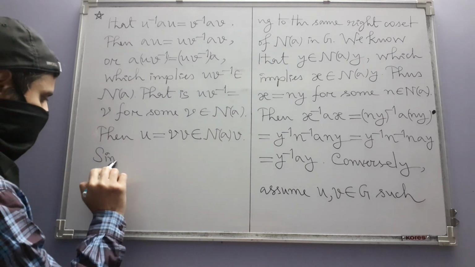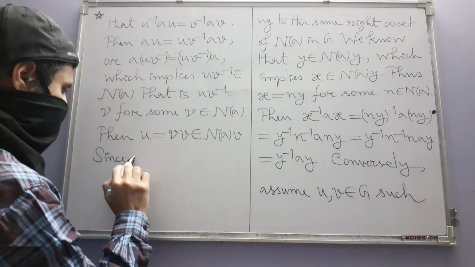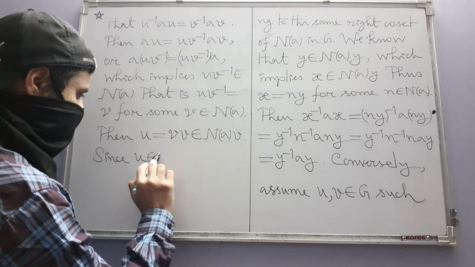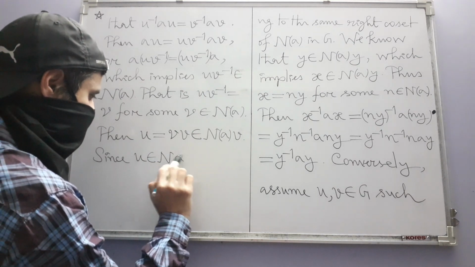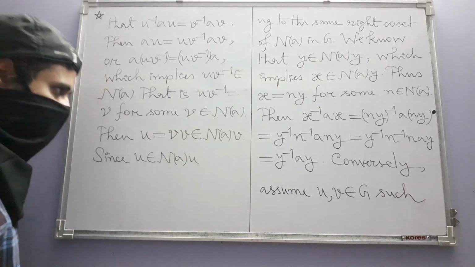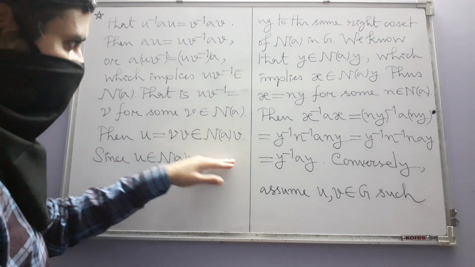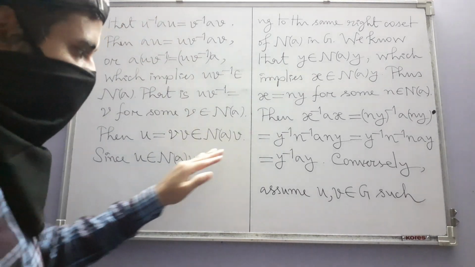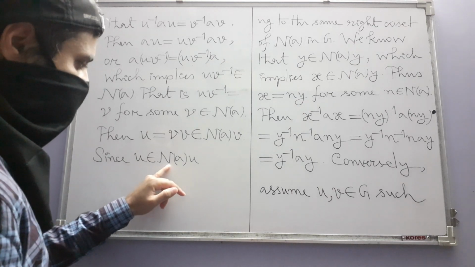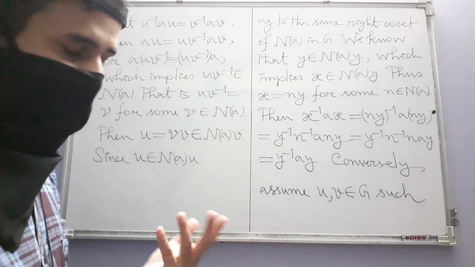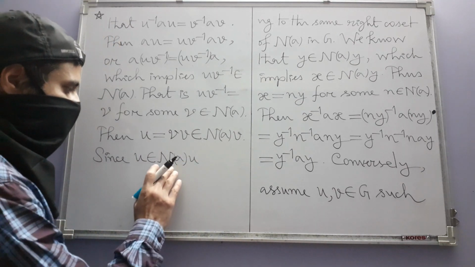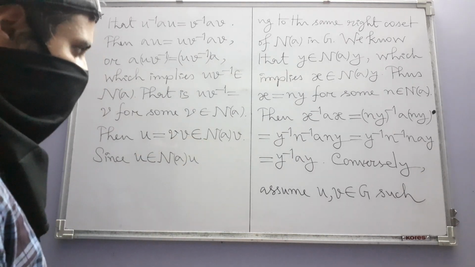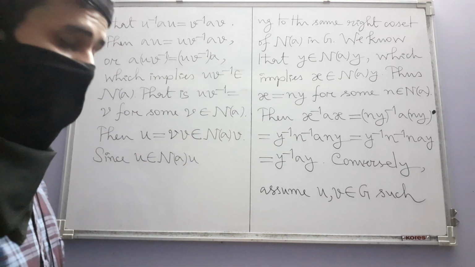But since u belongs to NAU, u belongs to this right coset that we are getting from this calculation, but u also belongs to this right coset, which we already know, and we know that two right cosets that are distinct are disjoint.